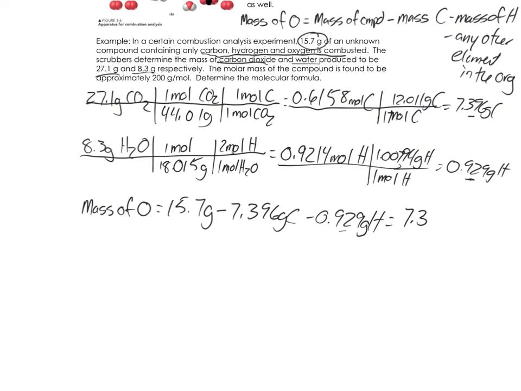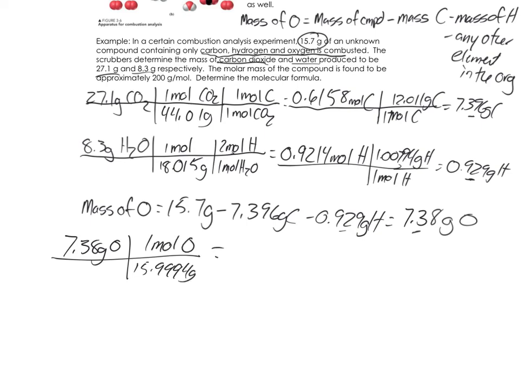So we'll add that one last, because that's the last sig fig. All right, so 7.38 grams of oxygen. I'm going to convert this into moles. So for every 15.9994 grams, I have 1 mole of oxygen. So this ends up giving me 0.4610 moles of oxygen.